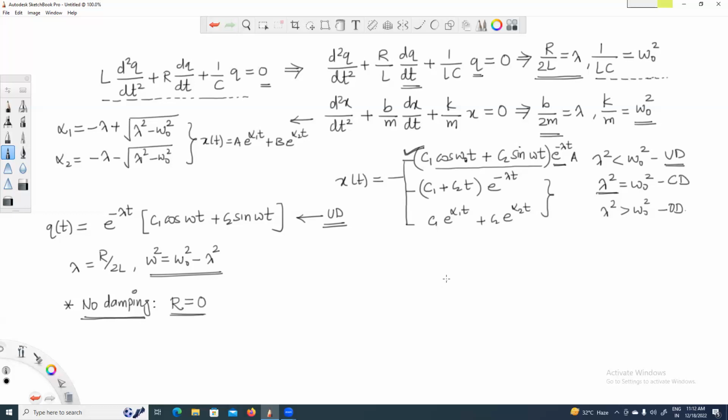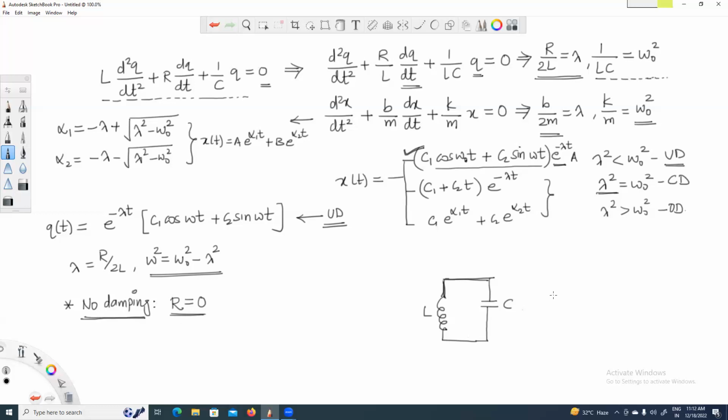So my circuit will look like this: I don't have any external source, I just have this inductor directly connected to this capacitor. Suppose this capacitor is initially charged. This is the capacitance, this is the inductance. There is no resistance, so I'm calling this no damping.